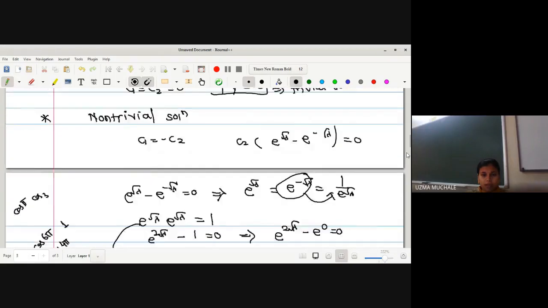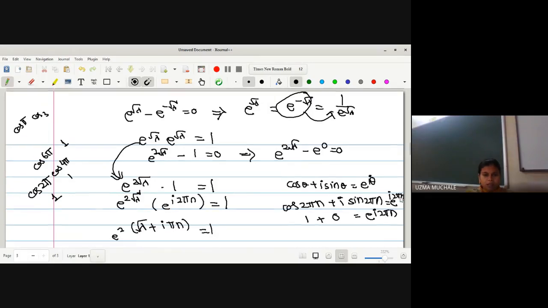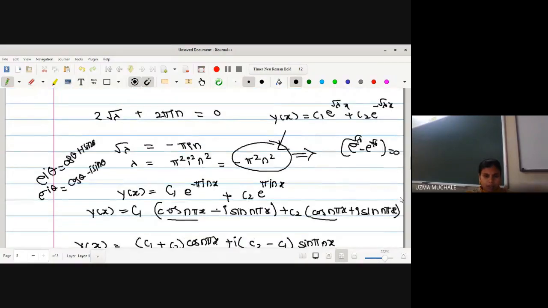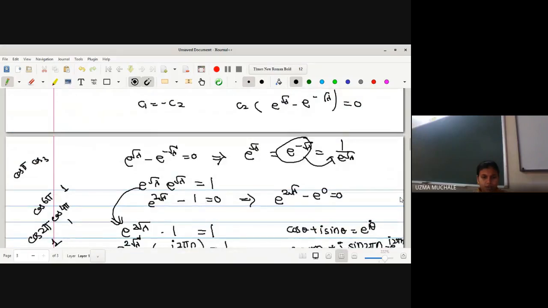But in the next step we have written e raised to root lambda minus e raised to minus root lambda equal to 0. So for which value of lambda it is 0, we have found. The value for lambda here in this case is minus pi squared n squared. For this value of lambda, we get the bracket equal to 0.